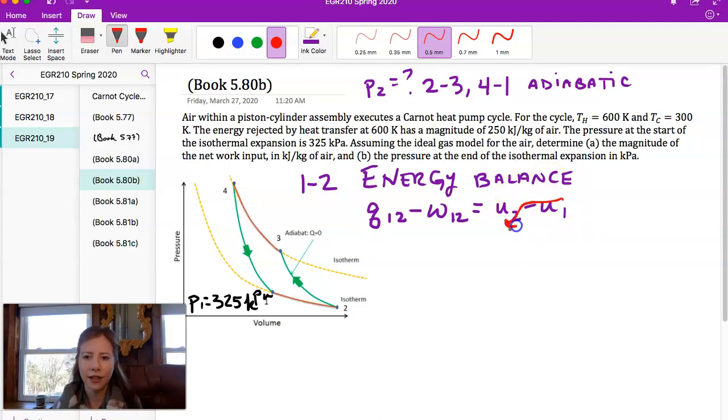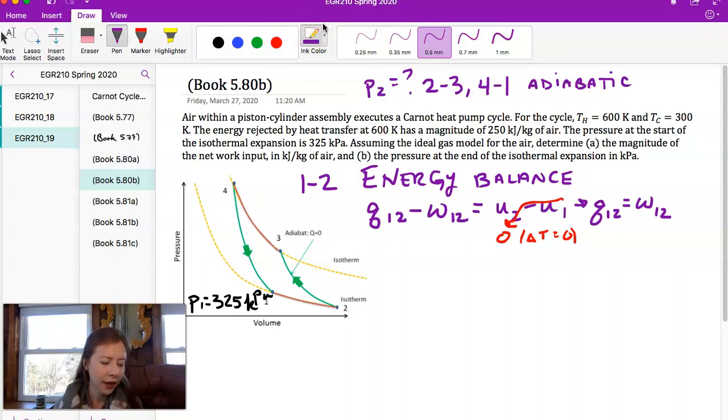Okay. So that's 0. And so this is going to tell us that Q12 is equal to W12, right, because delta T is 0. Let's start to think about some things.